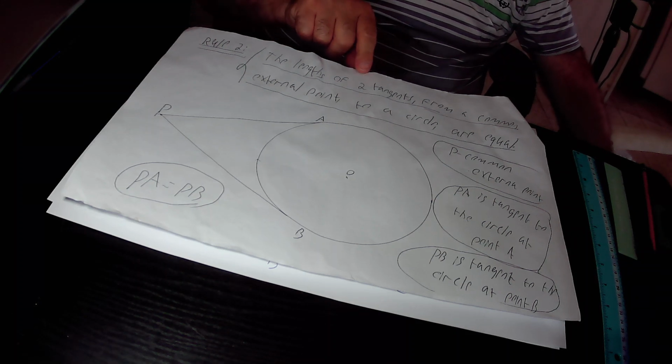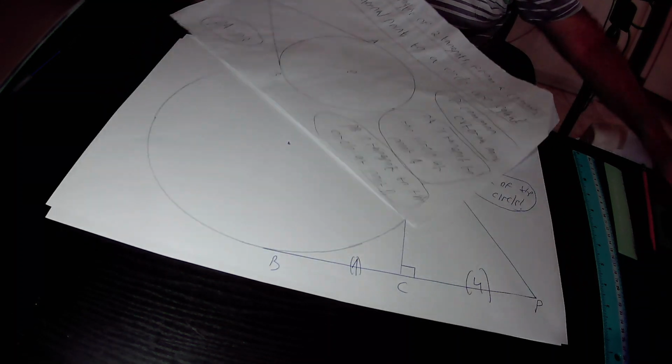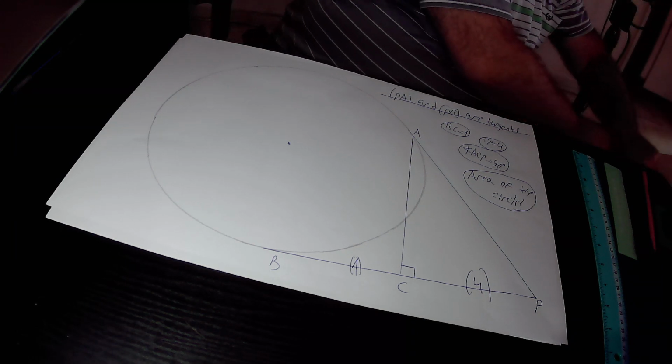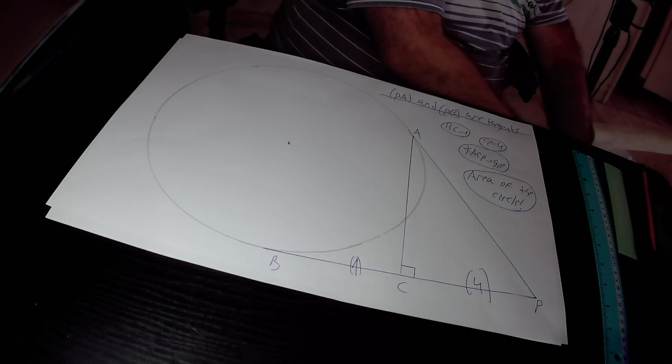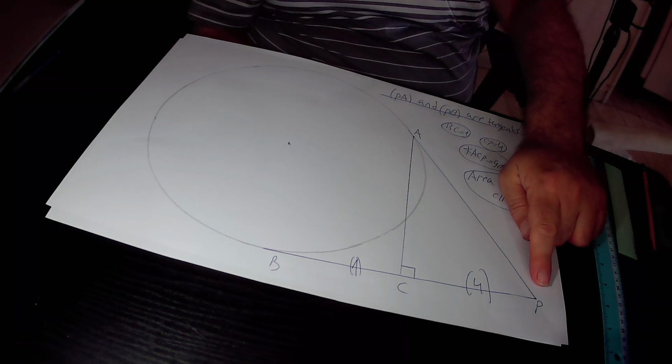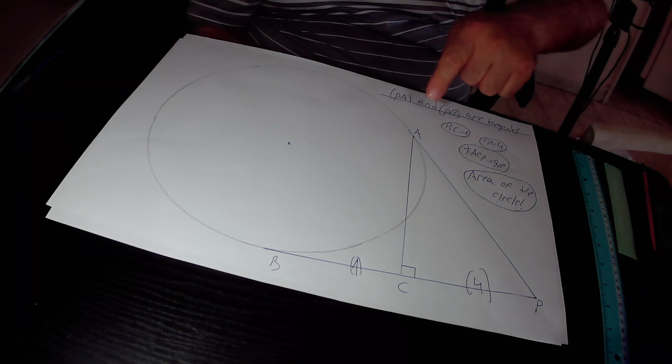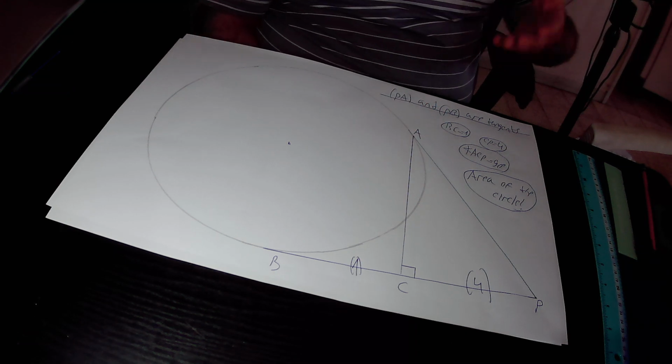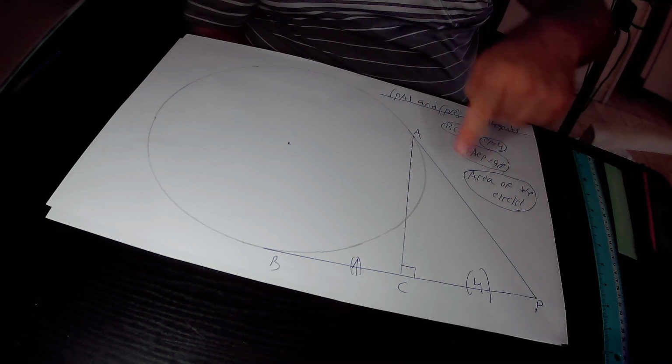So we can actually implement rule 2 in our drawing. In our drawing, from this common outside point P, we have two tangents to the circle, tangent PA and tangent PB. And according to rule 2, they are equal to each other. That is to say, PA equals PB.